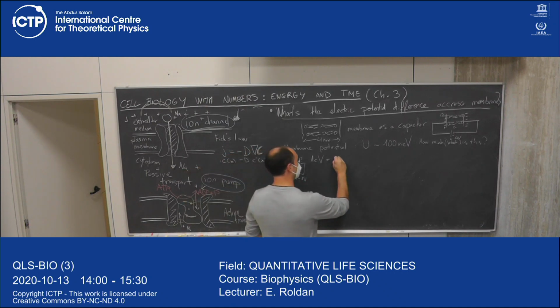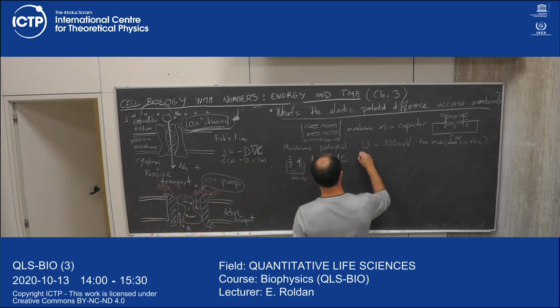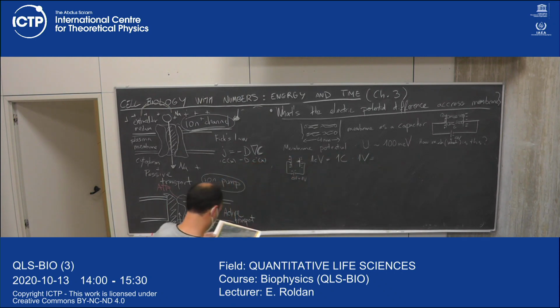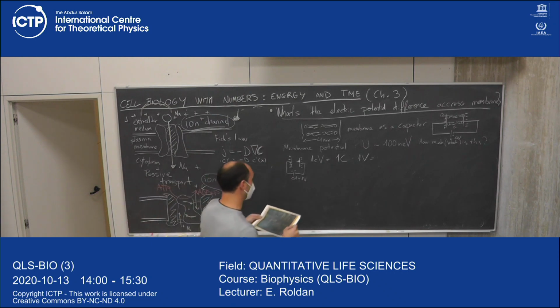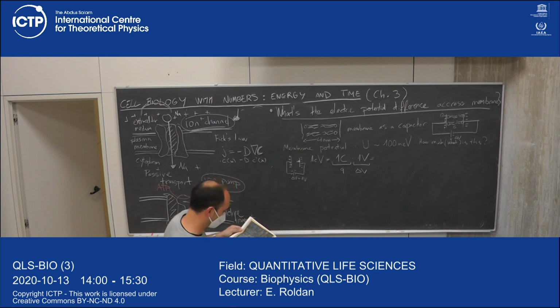So it's 1 coulomb, which is the charge, times 1 volt. Sorry, the energy: this is the charge, Q, and this is delta V. Q times delta V is energy.